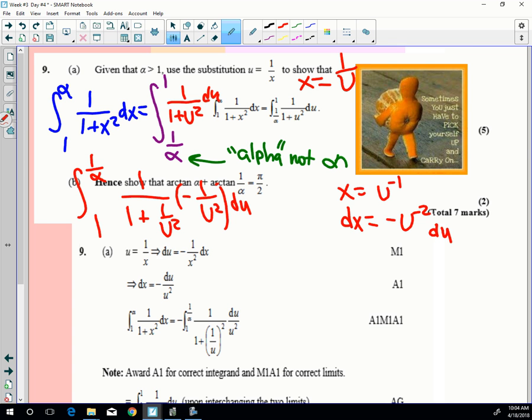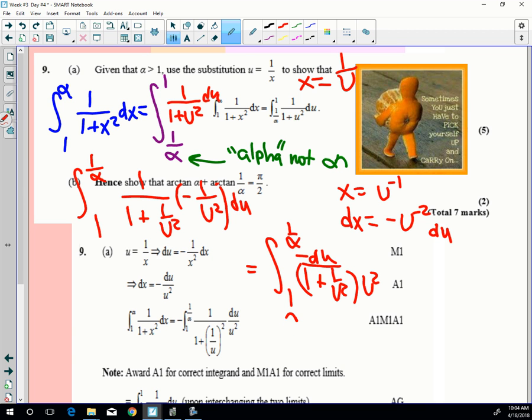Then what I did is I replaced dx with negative 1 over u squared du. I replaced x with 1 over u. And then what will happen is kind of interesting, is you're going to get 1 over 1 plus 1 over u squared times u squared in the bottom, negative du.